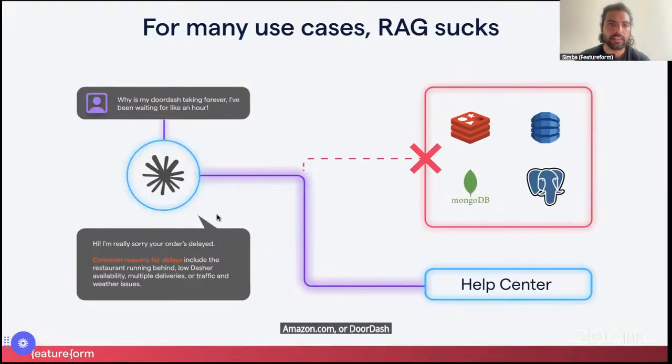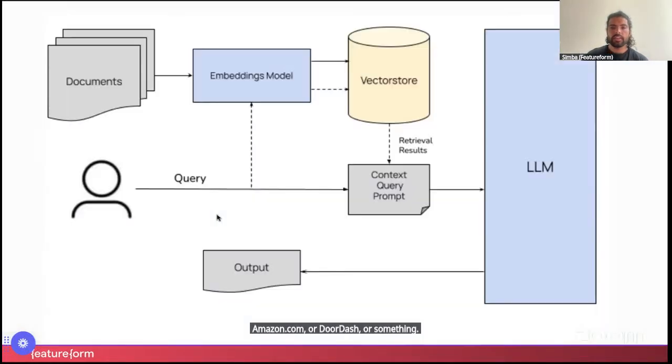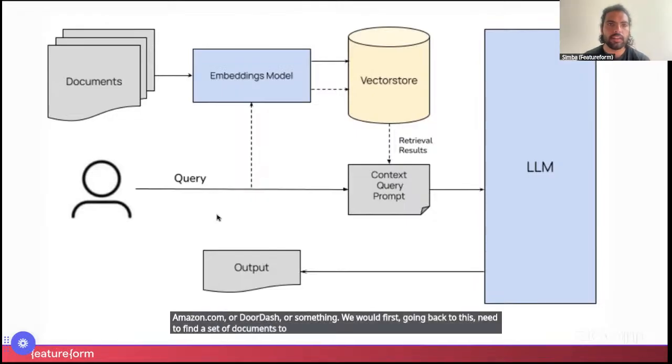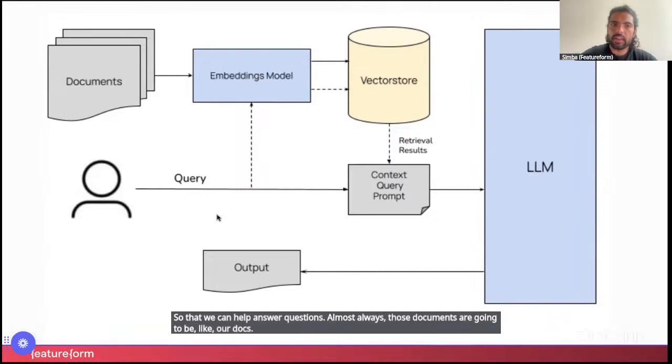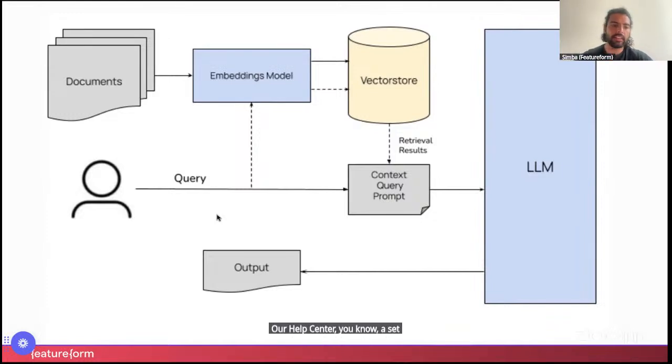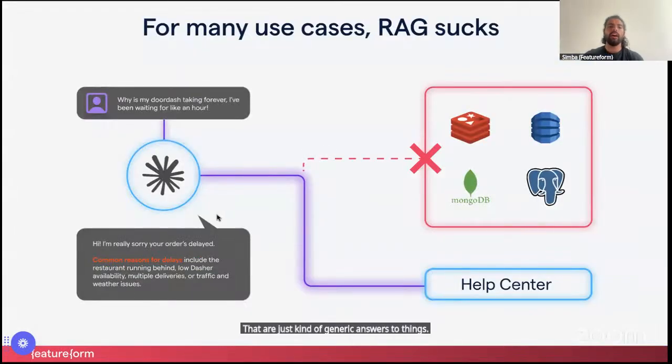We would first need to find a set of documents to index so that we can help answer questions. Almost always, those documents are going to be our docs, our help center, a set of data and text documents that are just kind of generic answers to things. And we attach that to the LLM via RAG.